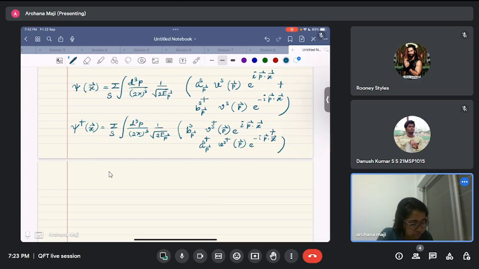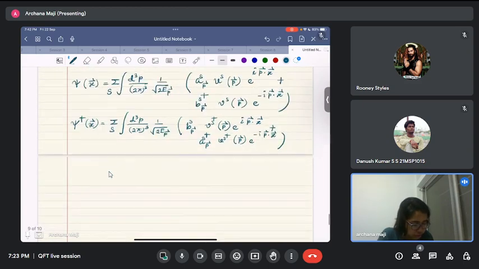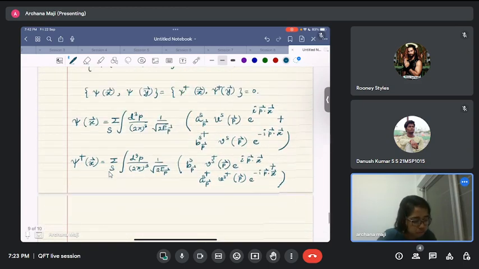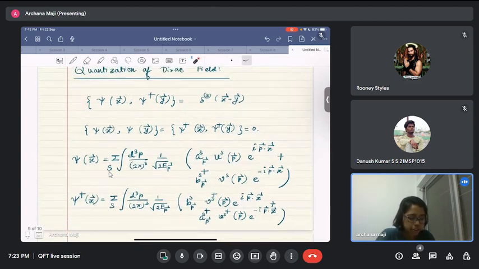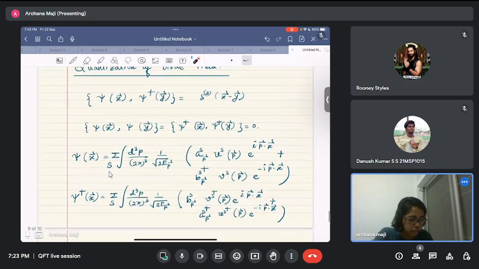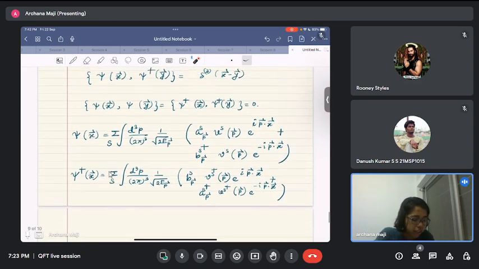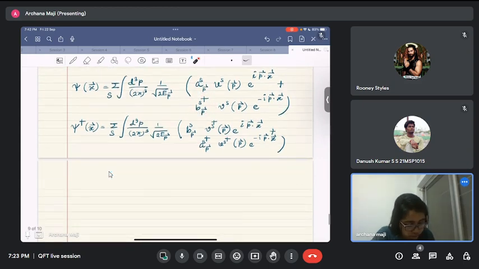So the claim is that for this anti-commutator to be satisfied, the anti-commutation relations these creation and annihilation operators have to satisfy are as follows.